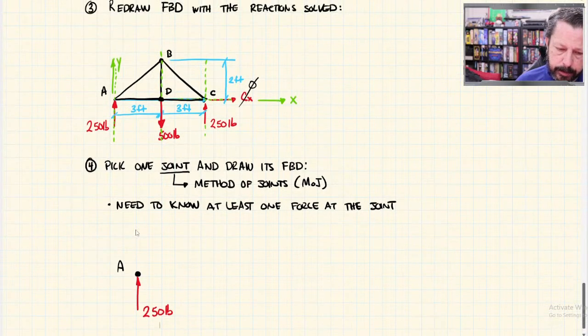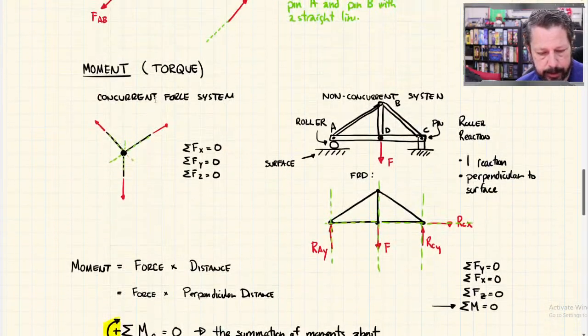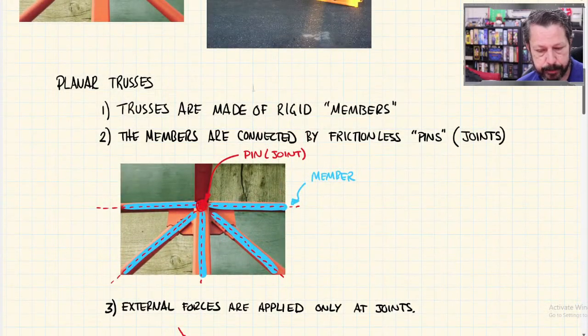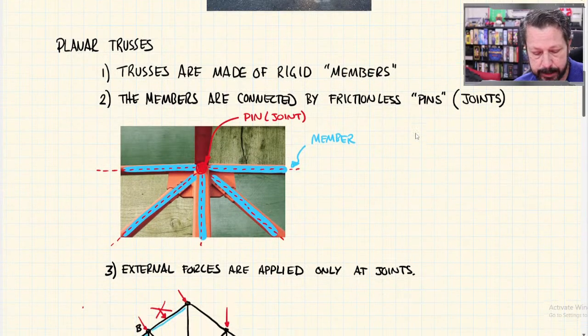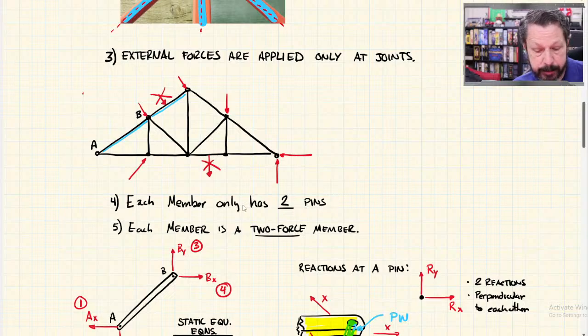I also know that member AB and AD are connected to joint A. I don't know their values, but a long time ago, we decided that as long as all of these rules were true, rigid members, I think that's true. Frictionless pins, we have A, B, C, D. Those we can consider frictionless pins. There were only external forces at joints. We didn't apply any forces to any members. We put them at the joints, at A, at D, and at C. Each member only had 2 pins.